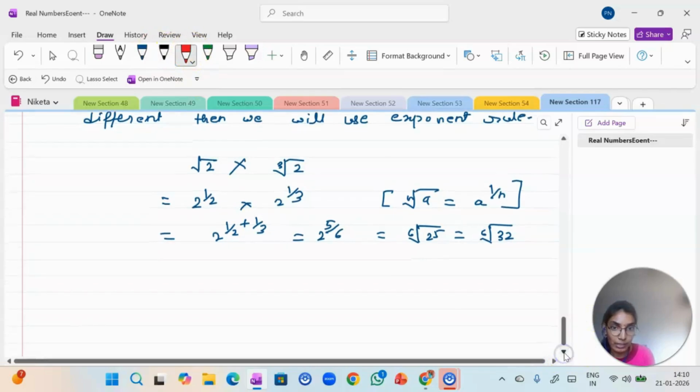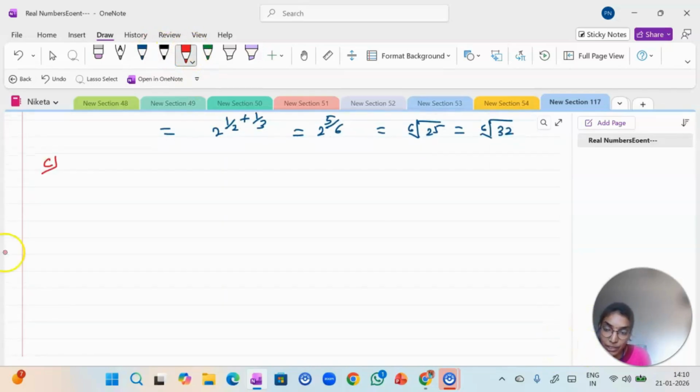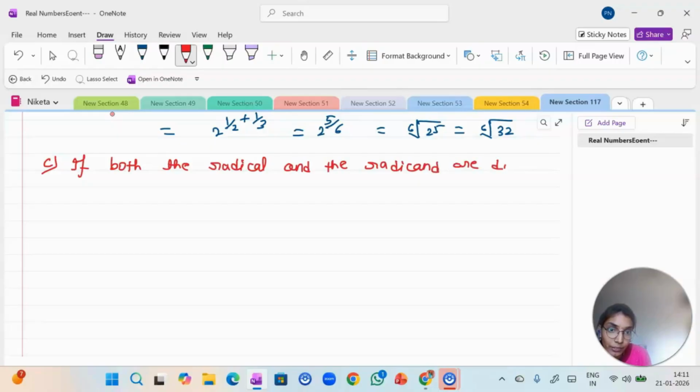Now let's talk about the last property of multiplication of radicals. It says that if both the radical and the radicand are different, then you can't operate on them in this form.